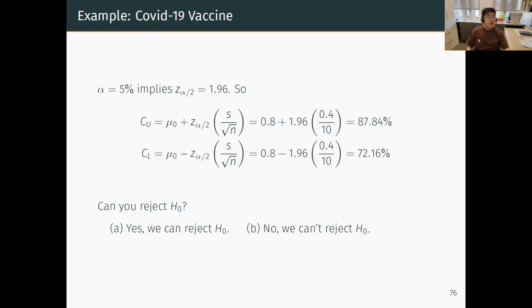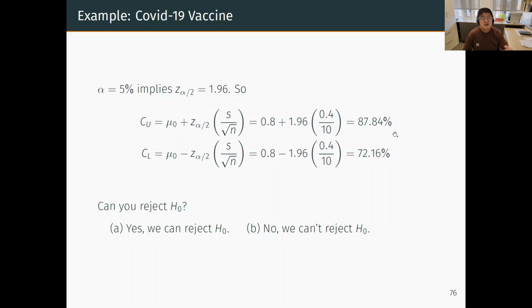And then, remember, in your data, you get 75% antibodies. Can you reject your null hypothesis? Okay, so these critical values imply that any data that have the sample mean in between these two points will be accepted.